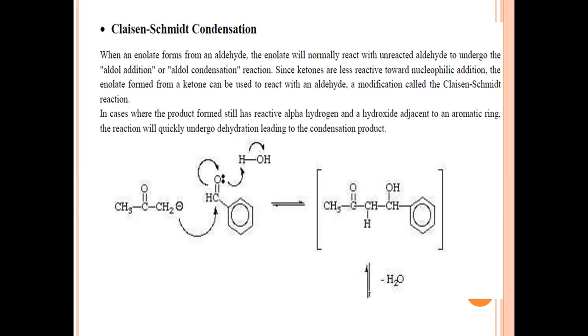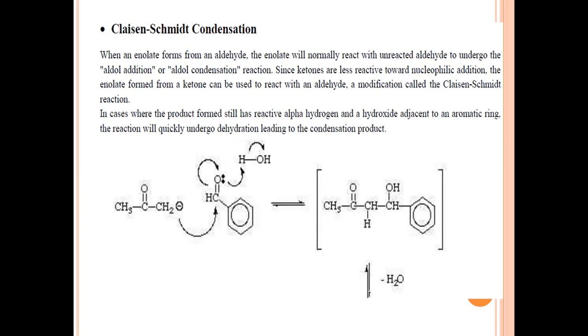Now, what is this modified product formed when the enolate of ketone reacts with an aldehyde? In the case when the product formed still has a reactive alpha hydrogen atom and hydroxide ion adjacent to the aromatic ring, this reaction will quickly undergo dehydration, leading to the formation of a condensation product.